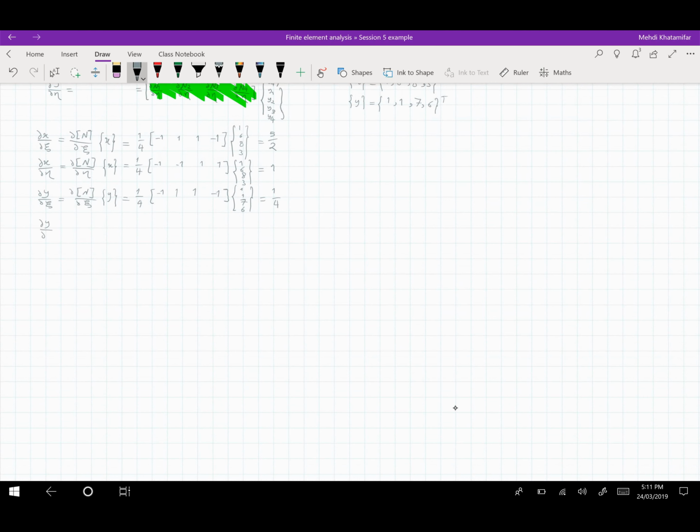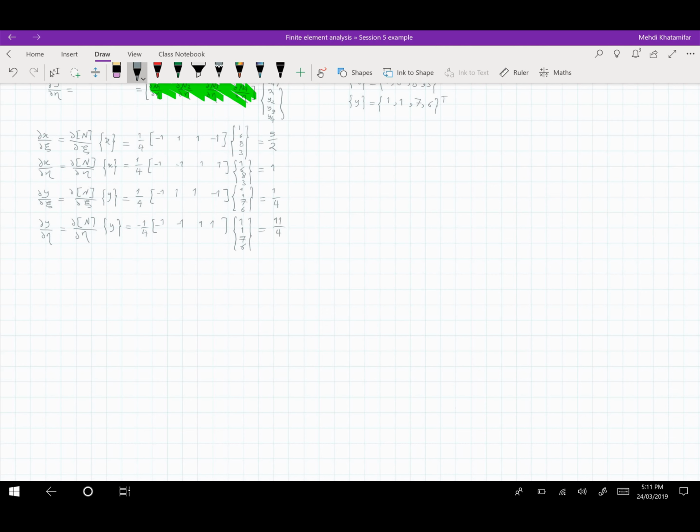The derivative of y over eta is basically the derivative of N over eta times y, because y is constant numbers and those are nodal values. 1, 1, 7, 6, and it's going to be 11/4. Beautiful.